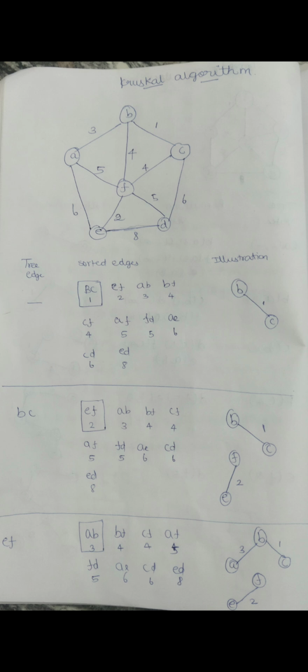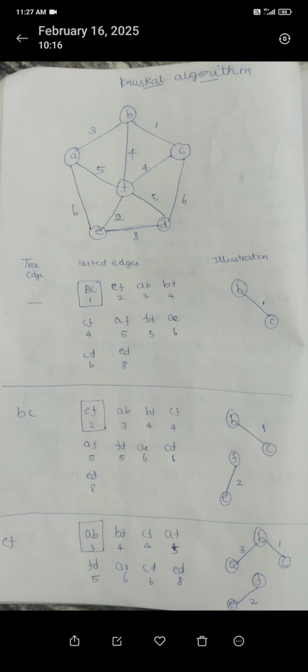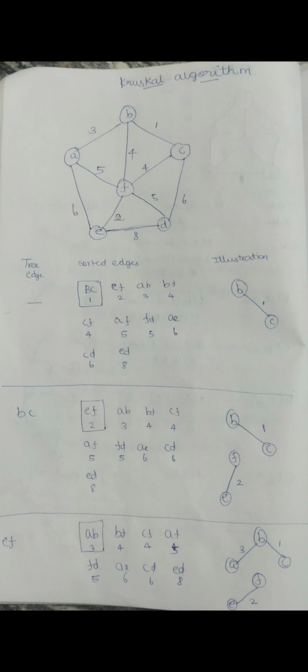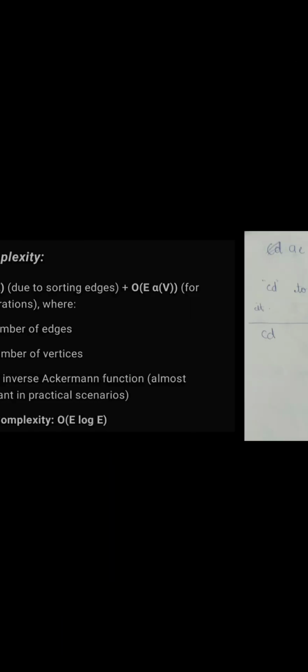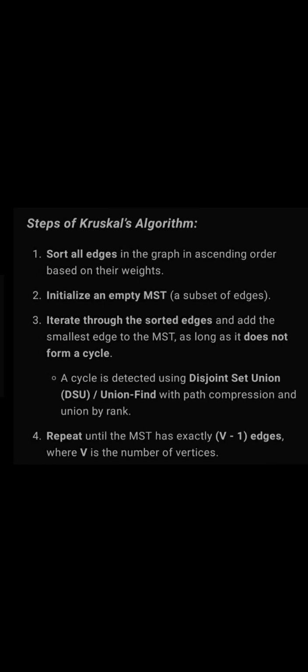BC 1, 2, 3, 4, 5. How to write it? I will explain.